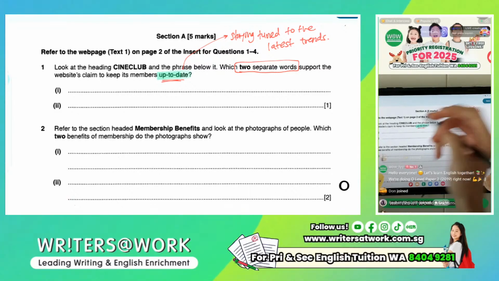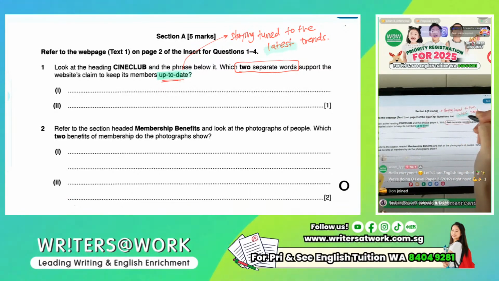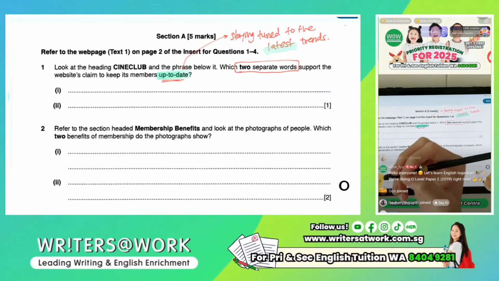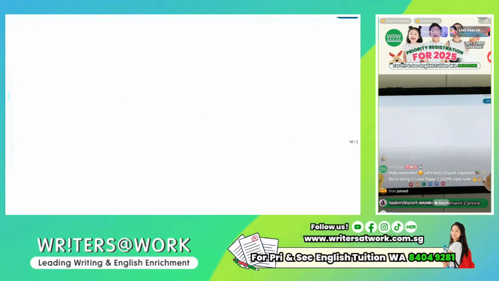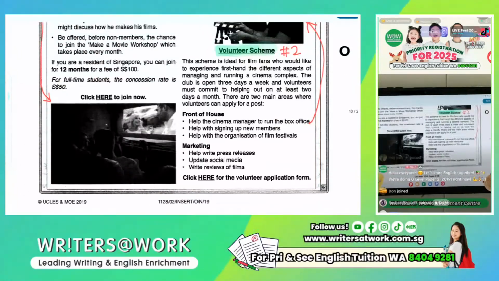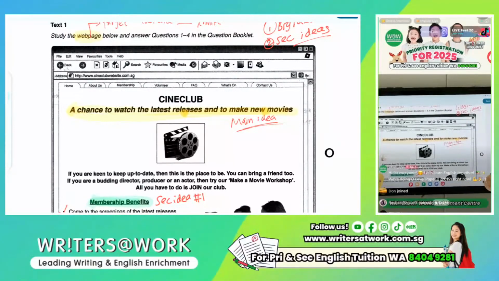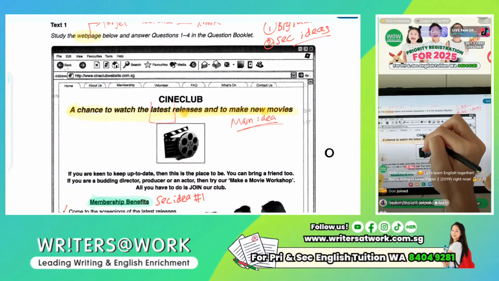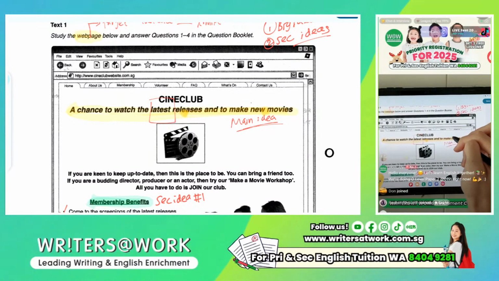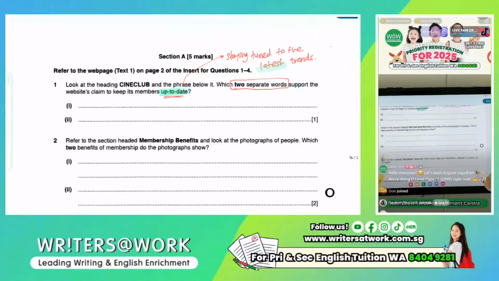Up to date could mean latest, could mean newest, up and coming. Some of these words need to come to your mind so that when you search the text, you will be very clear on what to look out for. You can see over here, as what we are saying, latest, make new movies, and there you have your answer.